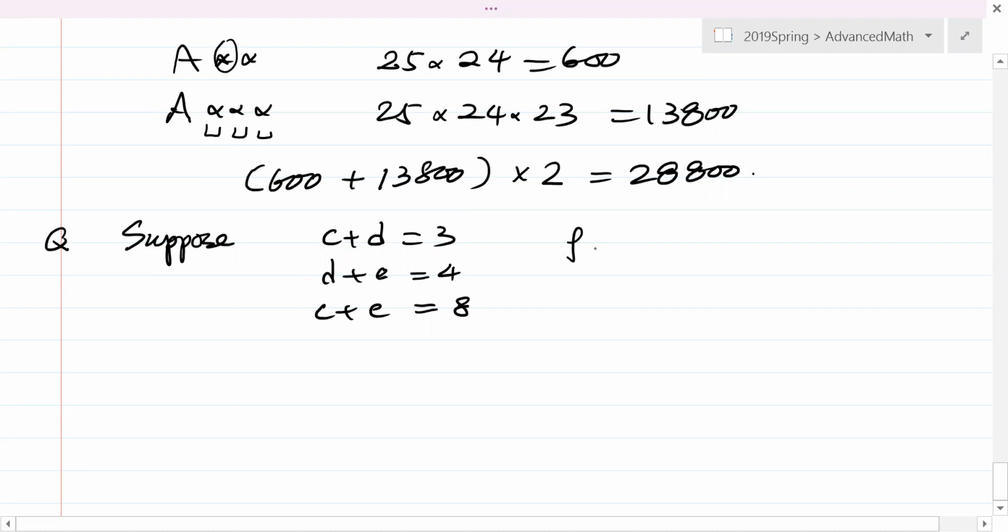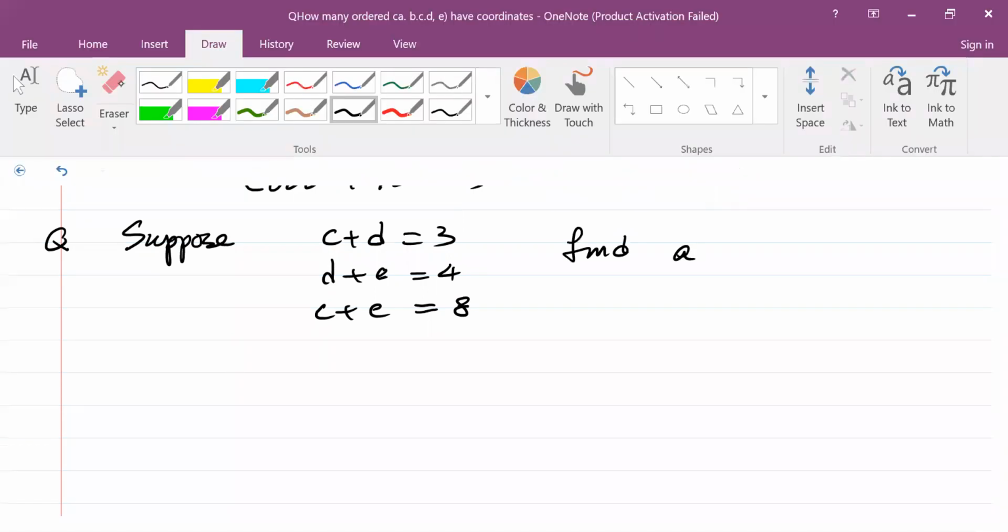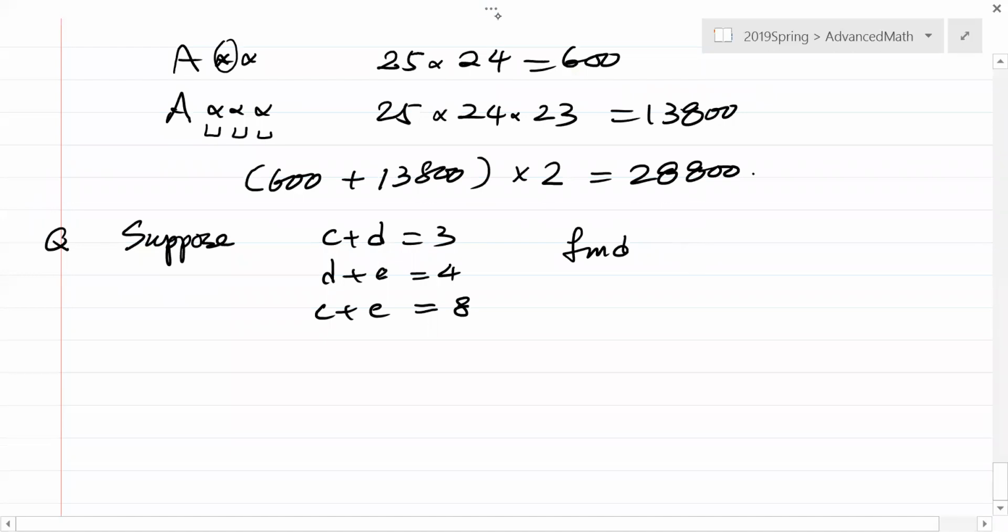Find the value of C, D, E, the product of the three numbers.